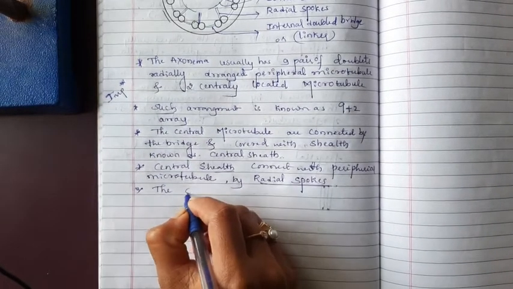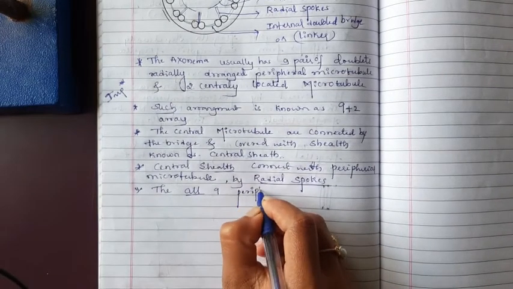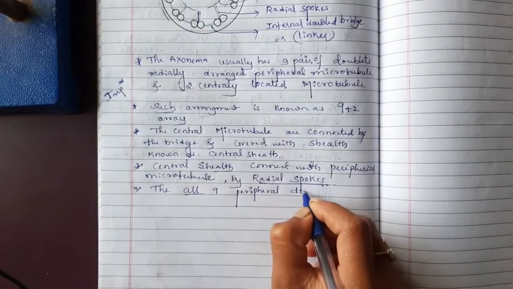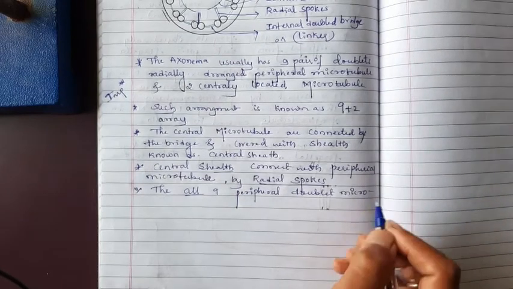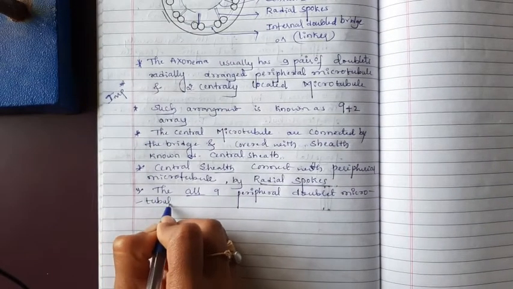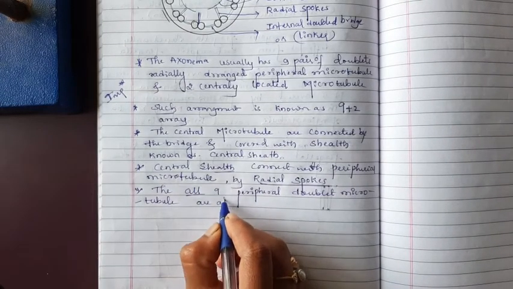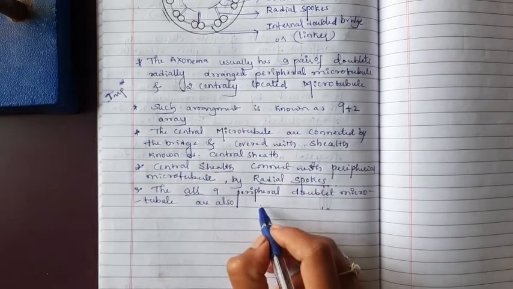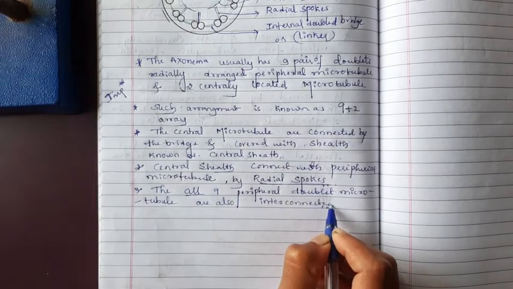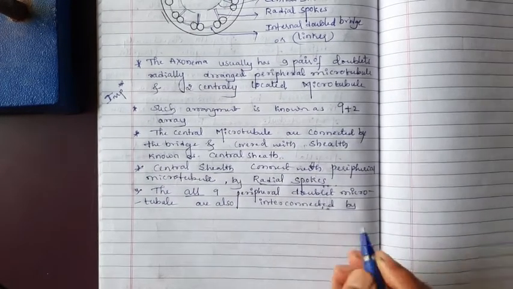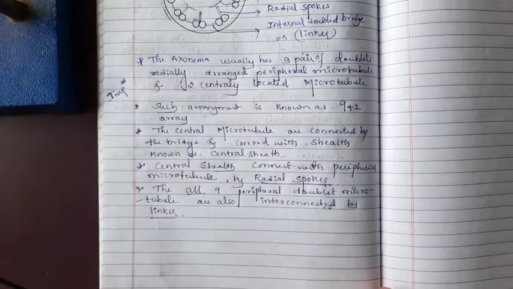All 9 peripheral doublet microtubules are interconnected by linker.